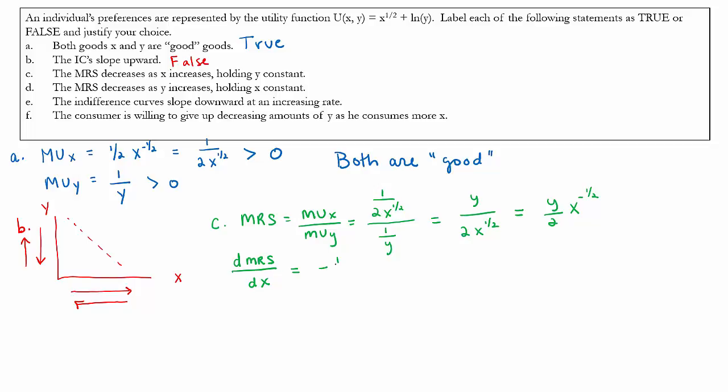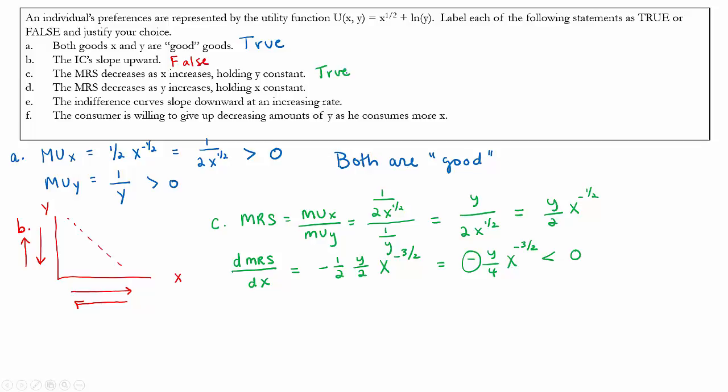I get minus 1/2 times the constant y over 2 times x to the power minus 1/2 minus 1, or minus y over 4 x to the minus 3/2. This minus sign tells us that the derivative is negative. So as x gets bigger, holding y constant, the MRS gets smaller. Therefore, statement C is true.